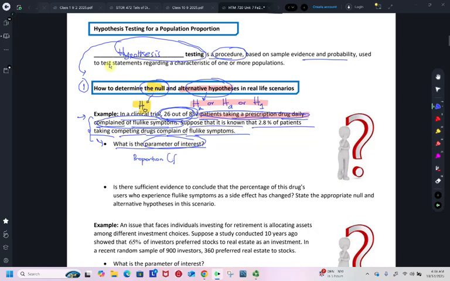In English, you would say fraction. We would say proportion of all patients taking prescription drug daily who complained of flu-like symptoms.